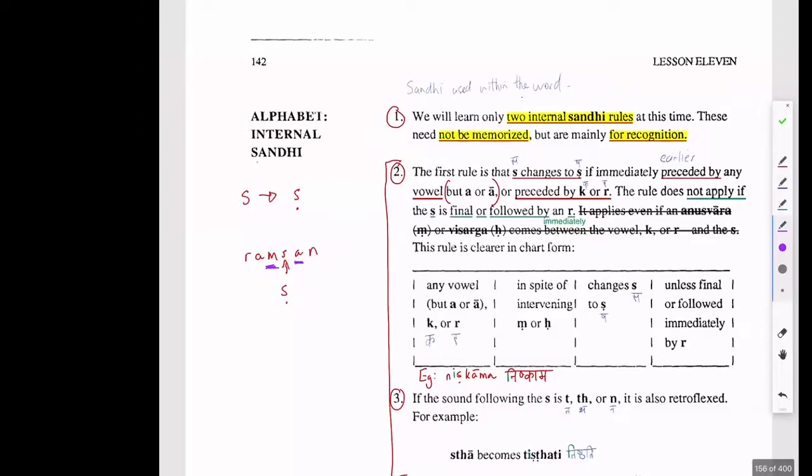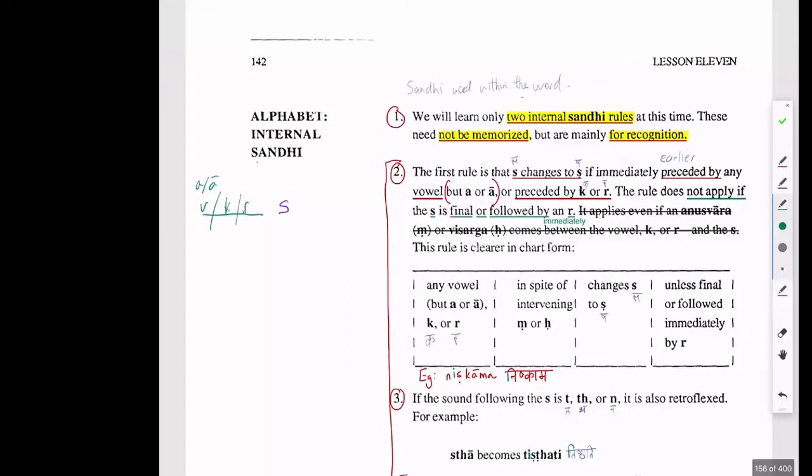The letters that should be coming before a s are any vowel, k, or a r. Therefore, if you have a s, then if you have a vowel before any vowel except a or a, or if you have a k, or if you have a r.